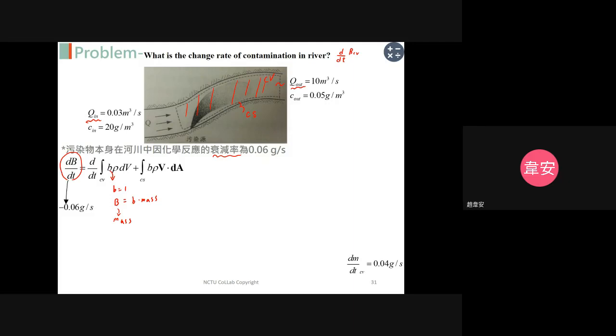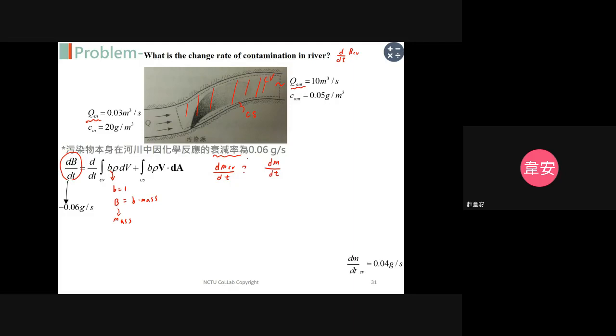So we need to answer how the mass changes with time. We didn't know it, but we know the change of the mass in the closed system.